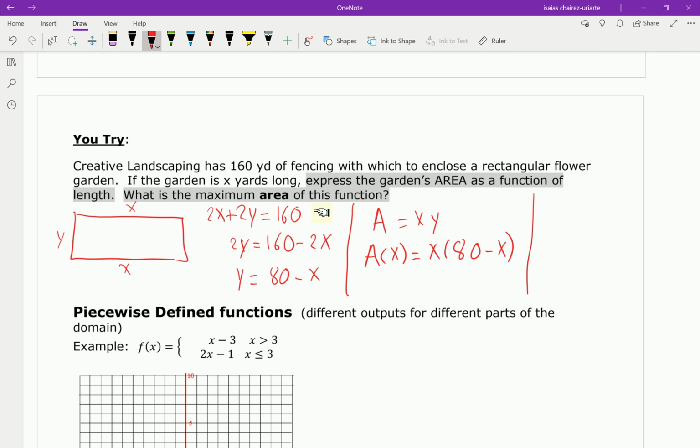So I'm going to say that the maximum area happens when x is equal to 40, and A of 40 is going to be 1,600. Right now we're dealing with square yards, and this guy would be dealing with yards. All right, good.